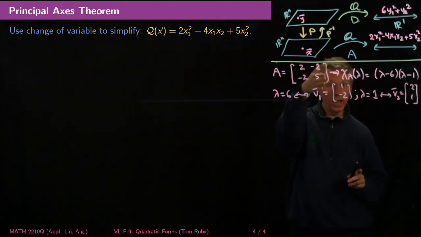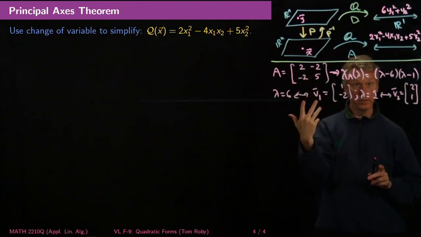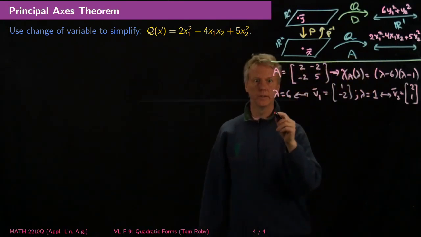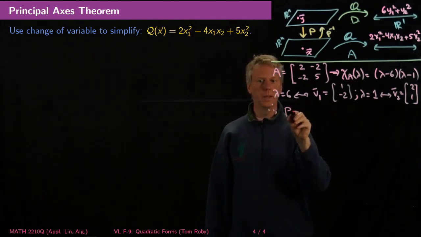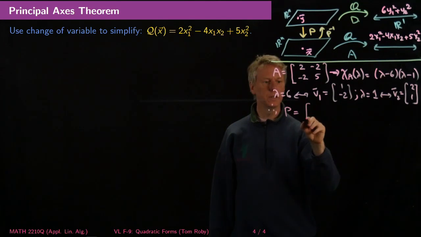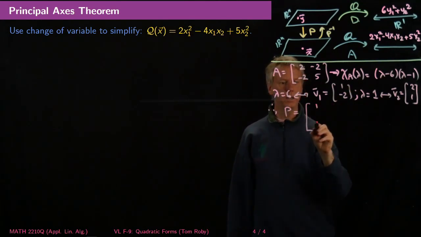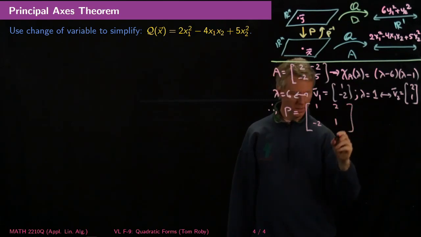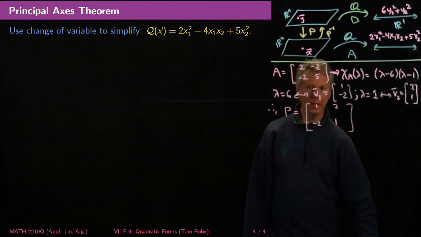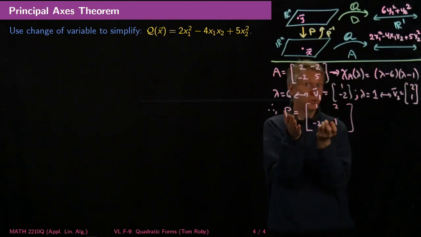Now remember that the eigenvectors are the columns of the change of basis matrix. So P is going to be the matrix, well, if I just put these things here, it would be 1, -2, 2, 1. But notice those are orthogonal, and I actually want them to be orthonormal so that this is an orthogonal matrix.